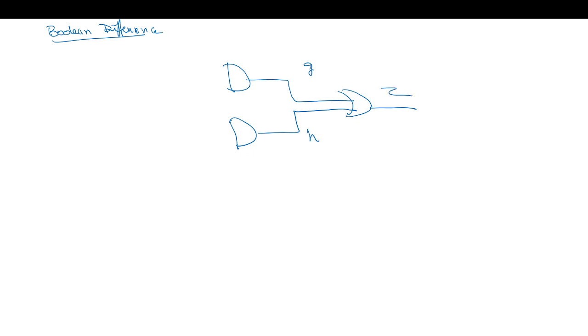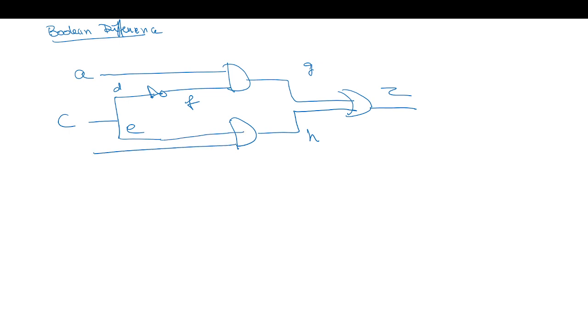Consider the circuit with nodes G, H, Z, A, F, D, C and E. We want E to be stuck at 0, so to excite it, it should be 1.